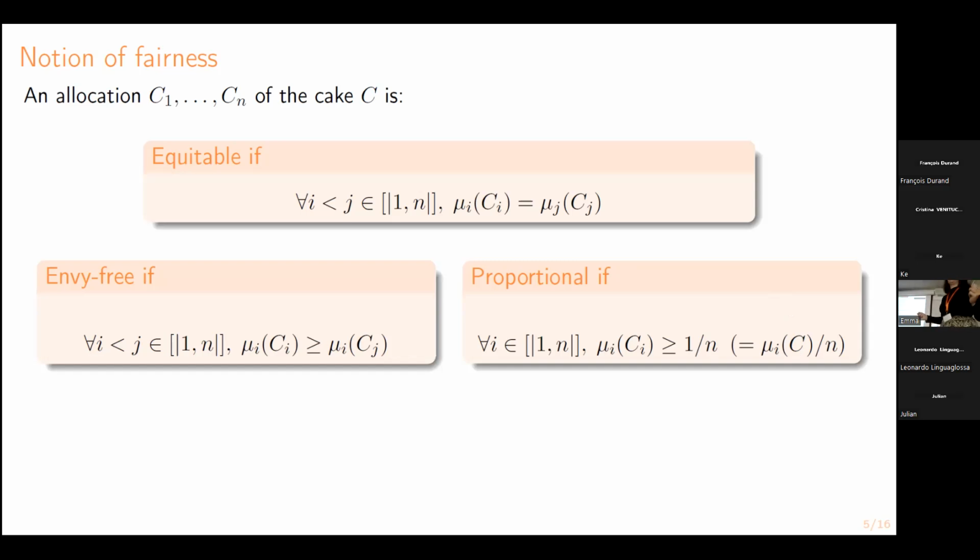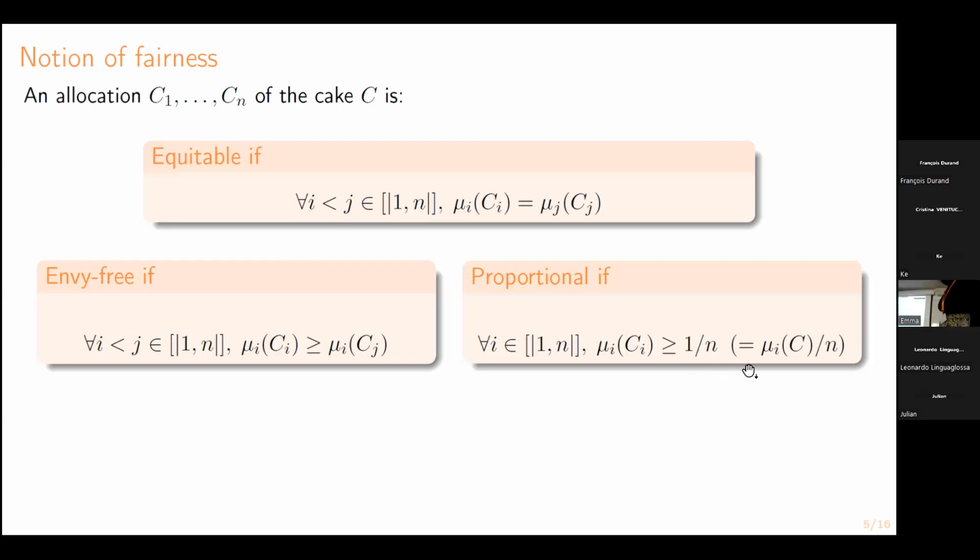Is it clear for everyone? I don't understand the equality. So, for example, if there are 3 agents, this is just to say: because you normalize, 1 over n is just the value of the cake divided by n.